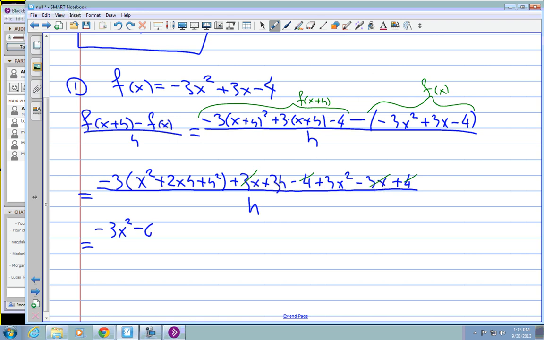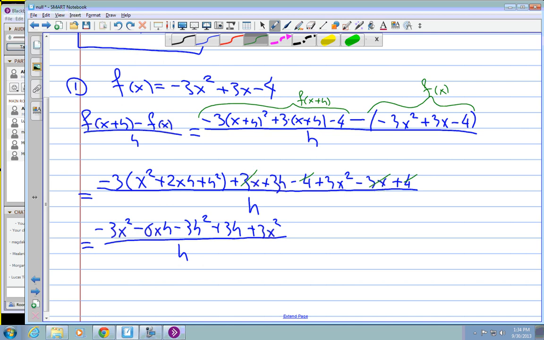So when I do that, this is where I'm at. Just distribute negative 3, so I can cross out negative 3x squared with a positive 3x squared. Well, technically, you can just remember to cross out all the h's, almost.